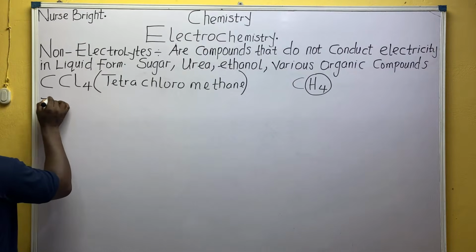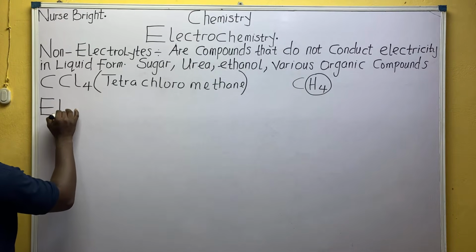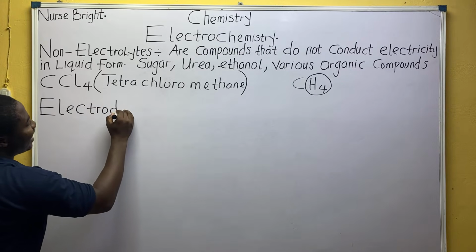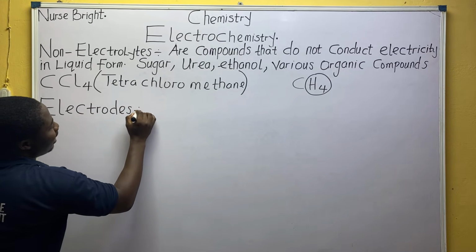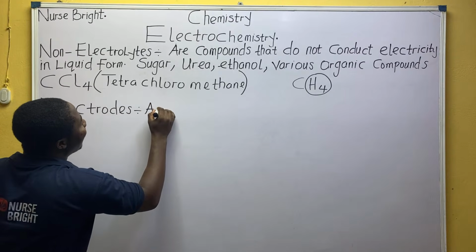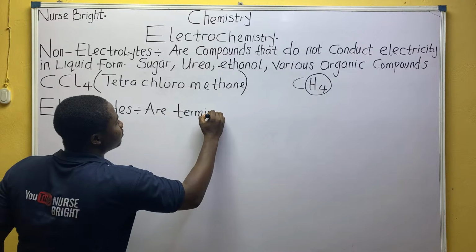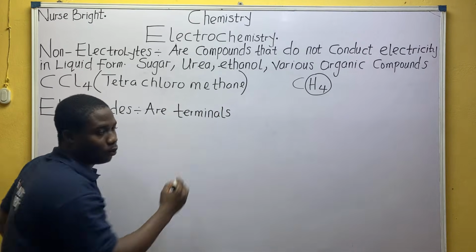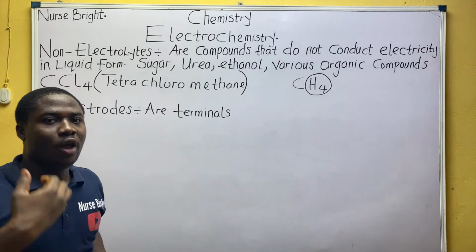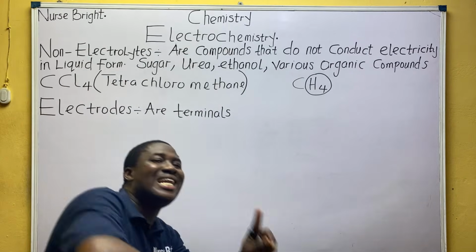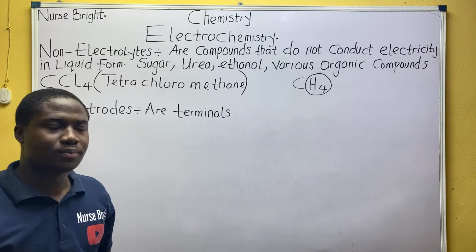Electrode is a very key term to learn. Electrodes are terminals, like in your battery, through which current enters and leaves a cell.